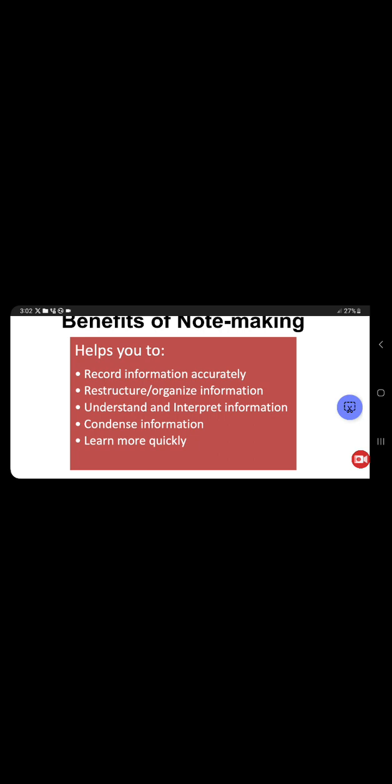So in making notes or putting ideas together, it helps you to record information accurately. Or even if they ask you to give some quotations or cite someone's idea without writing it, you may find it difficult, even though you may communicate it in a different way, you may not be able to get it accurately.